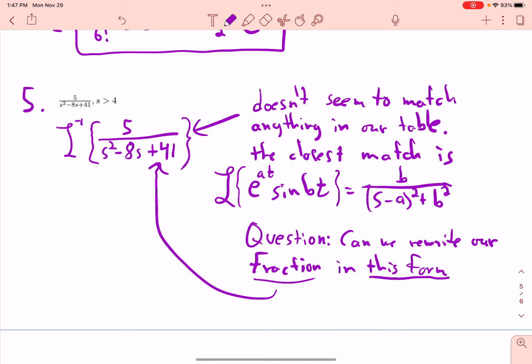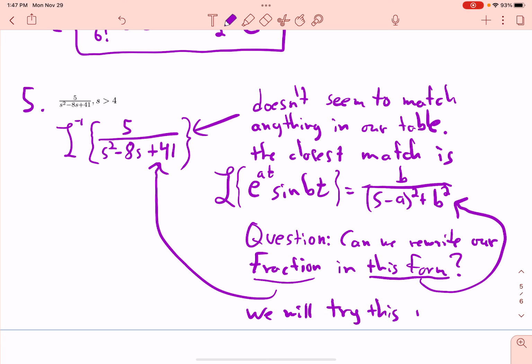And by this form, I mean the right-hand side of this equation. So we will address this next time.